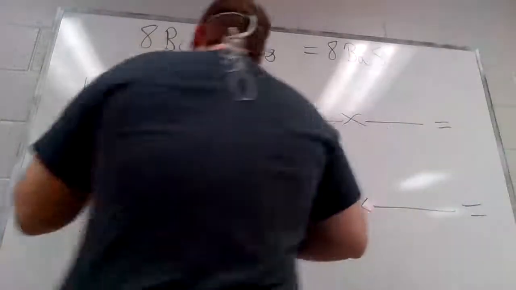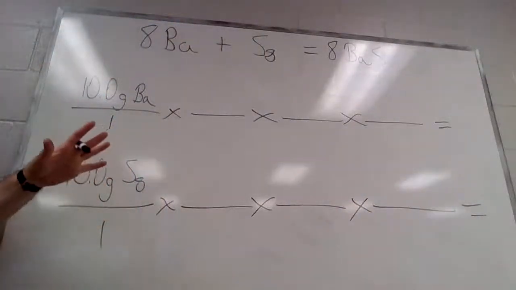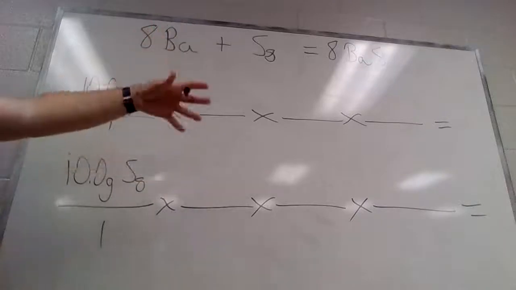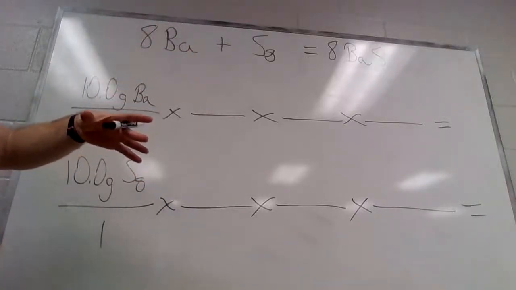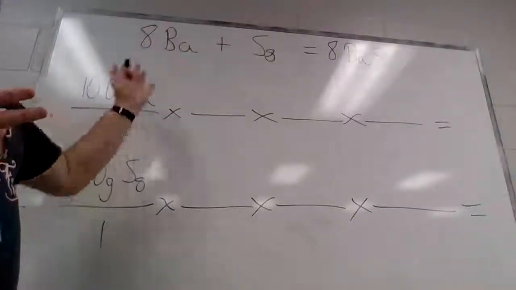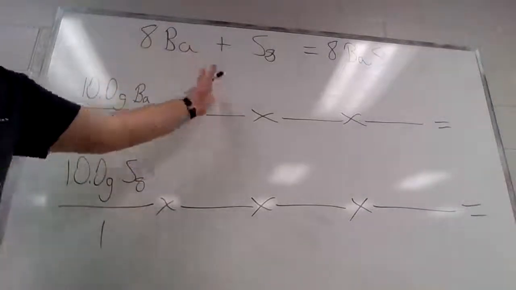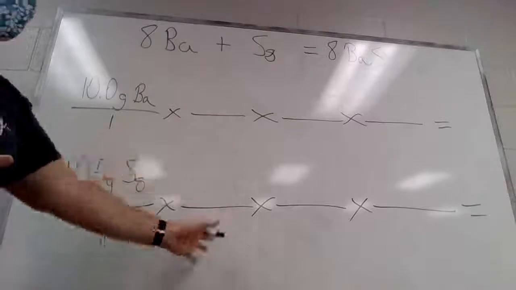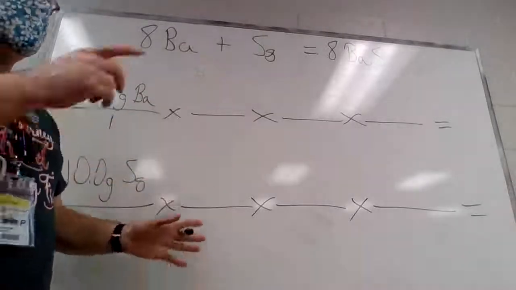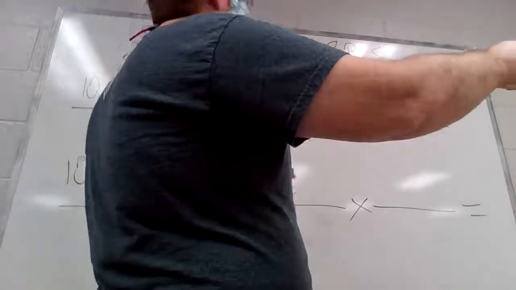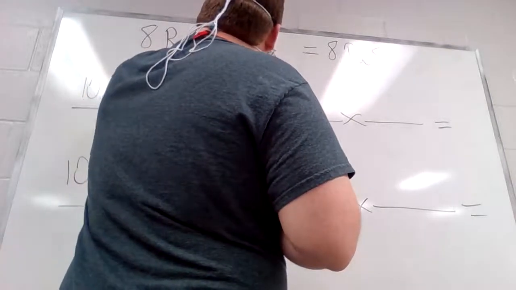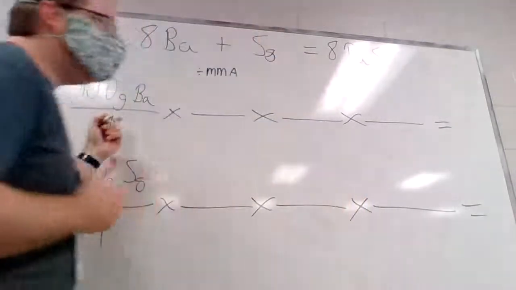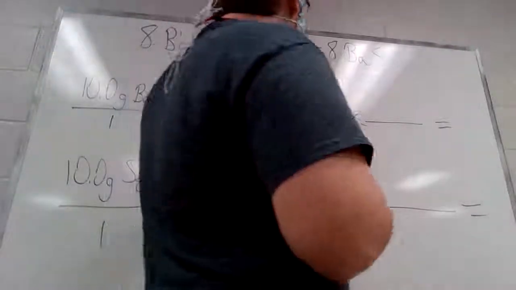Now, the good news is if I'm doing the same problem, these are going to look somewhat similar, and the things that I have to do are going to be somewhat similar. So leaving grams and going to grams, what's this first thing that I have to do? I use the molar mass. Am I dividing or multiplying? I'm going to divide by the molar mass of chemical A, right? And then what's the middle thing I have to do?